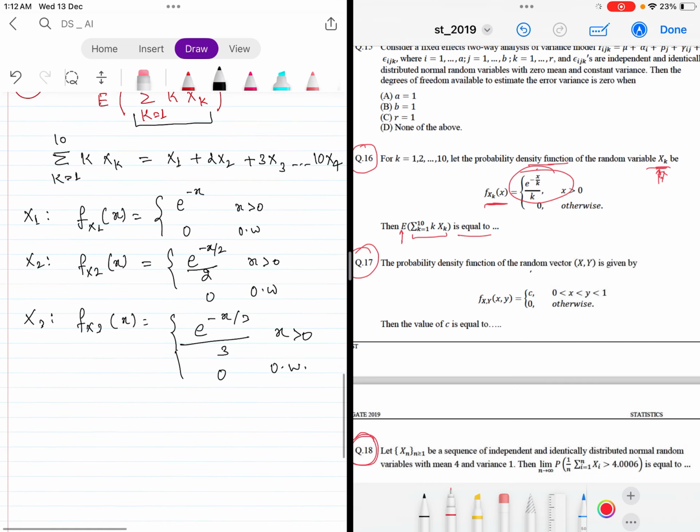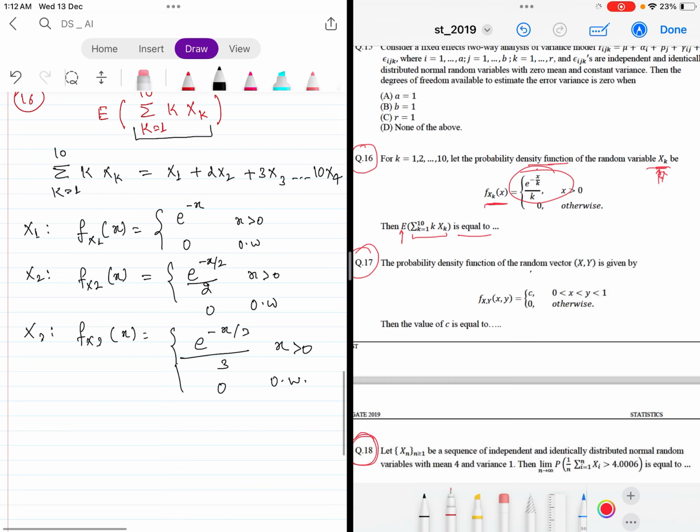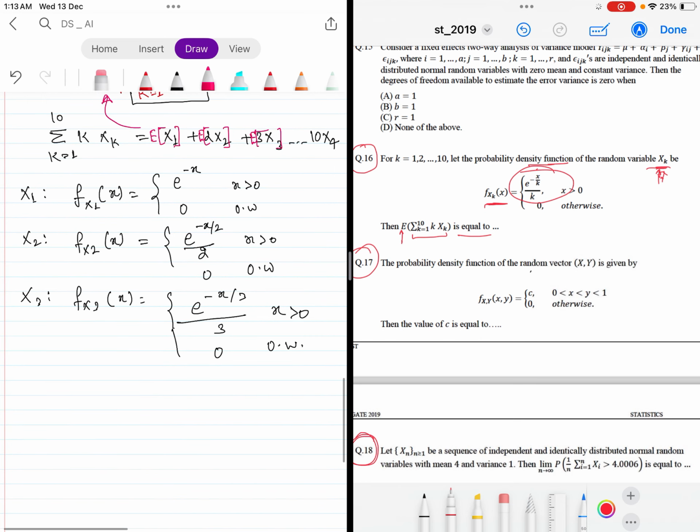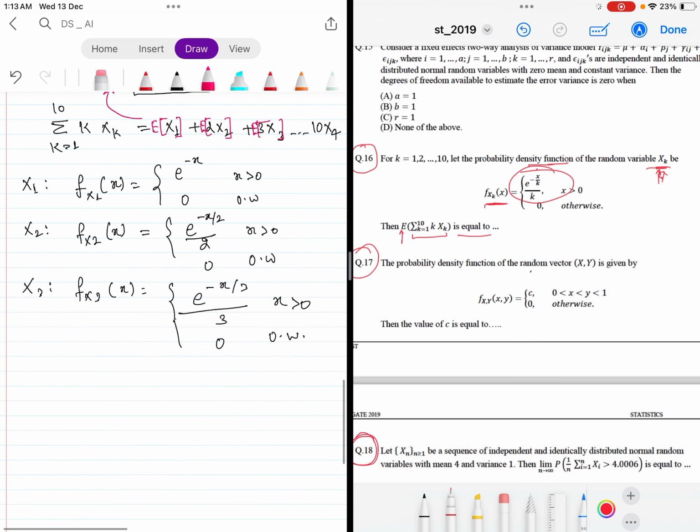Now you see that you will have to take the expectation of all these, so you will have to find the expected value of this, this, this, and so on. Then you will get the result.